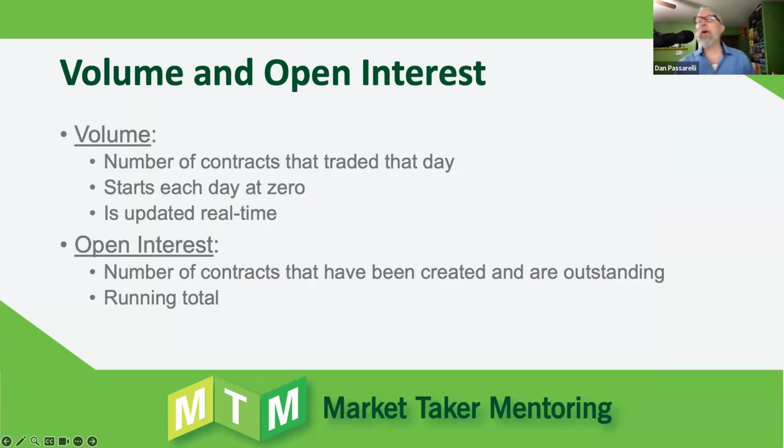Today, we're going to talk about unusual activity. And we monitor unusual activity by looking at two key things: volume and open interest. It's very important to understand what each of these things are, what each of these things can do, what each of these things cannot do, and how to use each of these things.